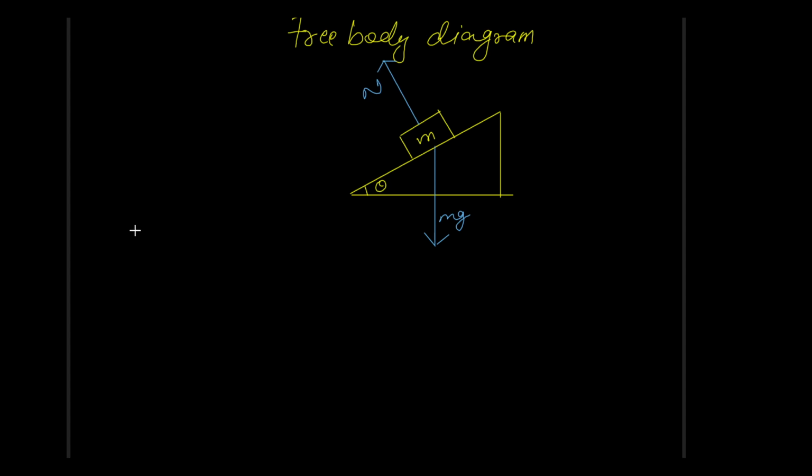To solve this kind of problem, we have to make our xy axes in this way. The x-axis is in the same direction as our inclined plane. This plane is going to act like the x-axis, and perpendicular to that plane we will have our y-axis, like this.